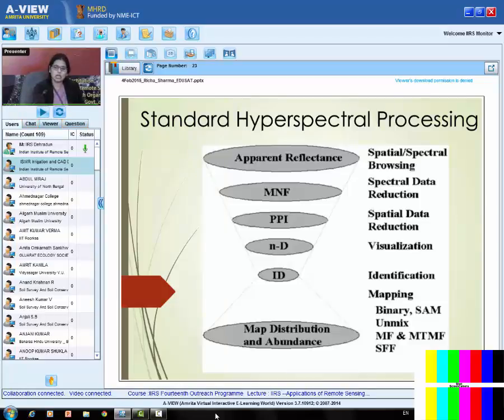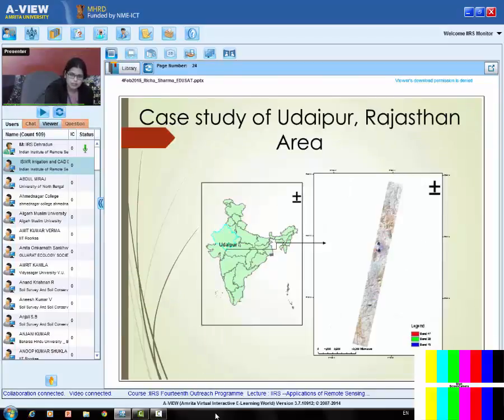The classification algorithms used in the hyperspectral data are slightly different. They are SAM, MTMF, SFF, and so on. And by applying these techniques for the classification, you see the mineral abundance maps or the distribution maps.